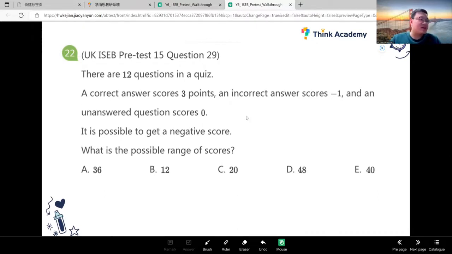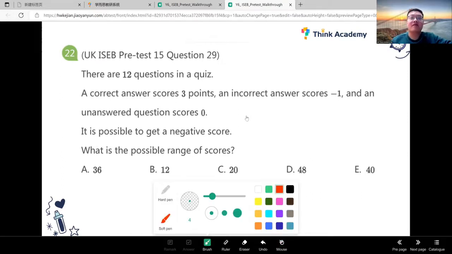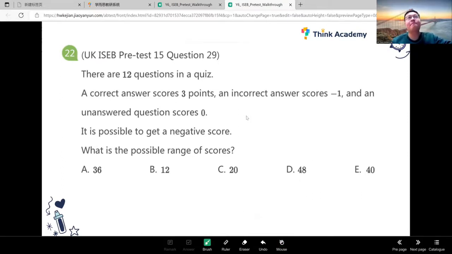So for this one, I think it's also very easy. You have to use the most score you can get, which means you get all the questions correct, and then take away the situation where you got all the answers incorrect.